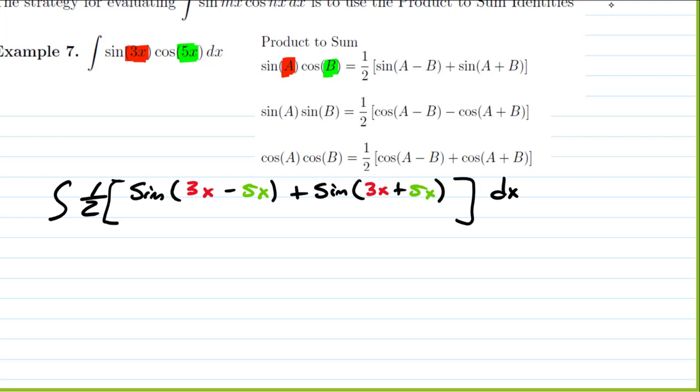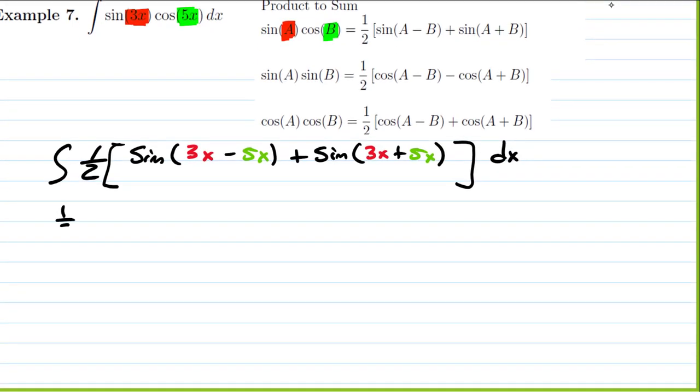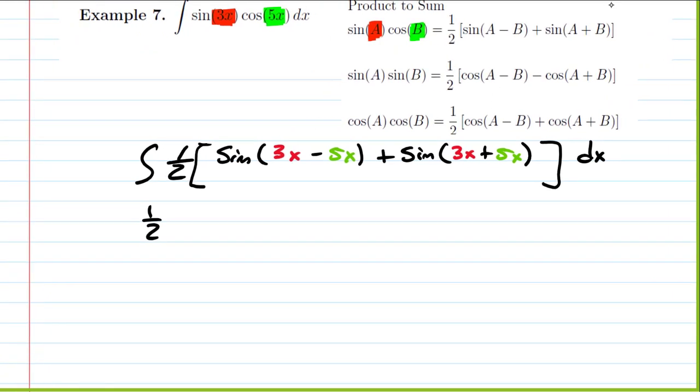So we pull our 1/2 out of our integral. And we simplify. We're going to have the sine of 3x take away 5x is negative 2x, plus 3x plus 5x is 8x.